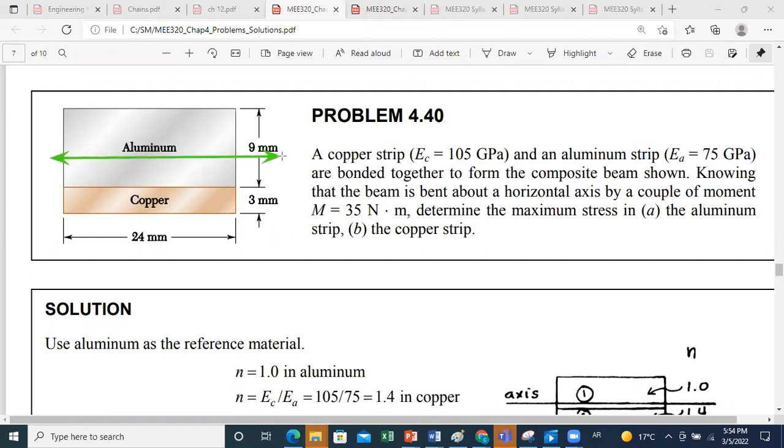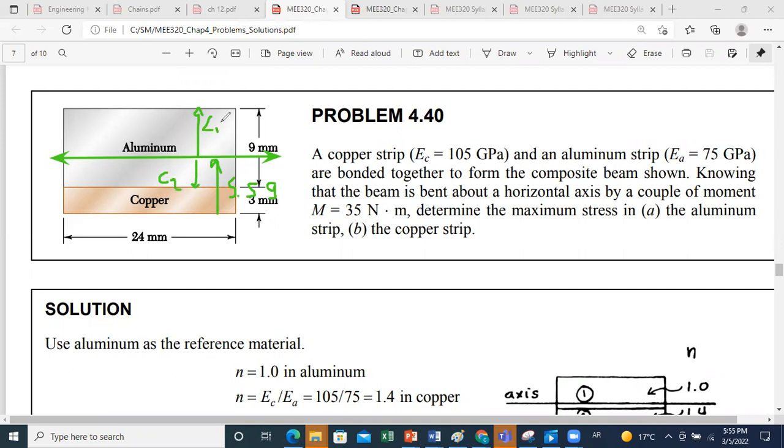We already said that the neutral axis is at a distance of 5.59 from the bottom. So now we should determine c1 and c2 for aluminum, and determine which one is largest.